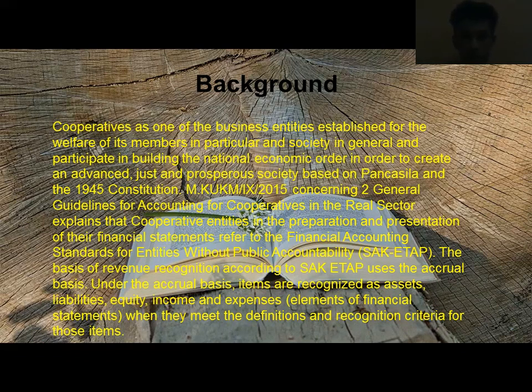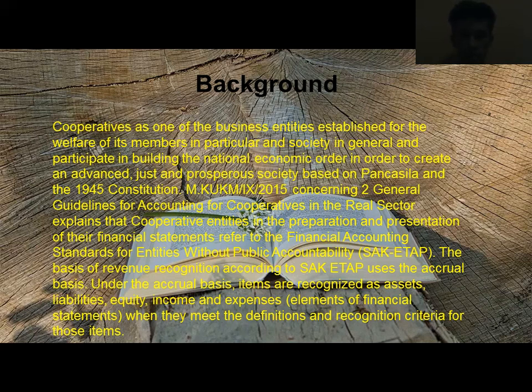MKUKN 20 and 15, concerning general guidelines for accounting for cooperatives in the real sector, explain that cooperative entities in the preparation and presentation of their financial statements refer to the financial accounting standard for entities without public accountability, or SAK ETAP.